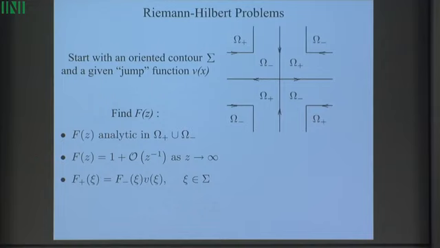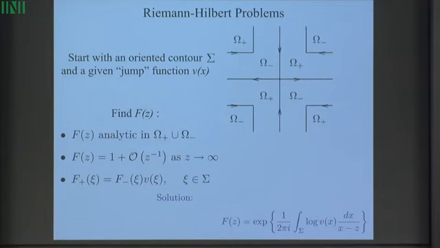Okay, I wrote down a multiplicative version of the Riemann-Hilbert problem. F plus equals F minus times this function v. And that's supposed to be true for all points in the contour. Okay, that's the first example of a Riemann-Hilbert problem. Find F. Okay? And of course, I picked the function v to be scalar.